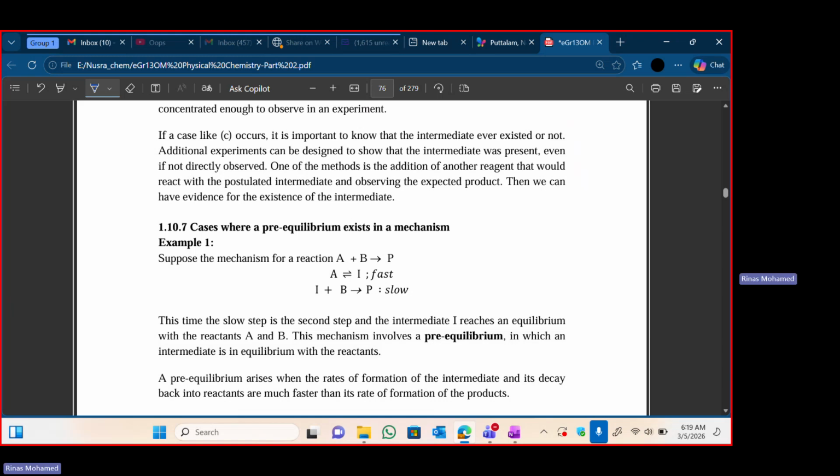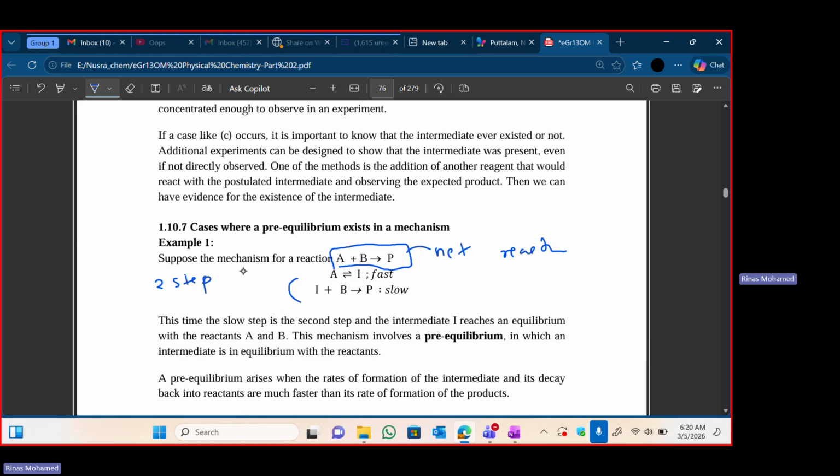For example, the overall reaction is A plus B produces P. This is the overall net reaction. A and B come into contact to give the product, right? But it happens in two steps. It is a multi-step, two-step reaction.